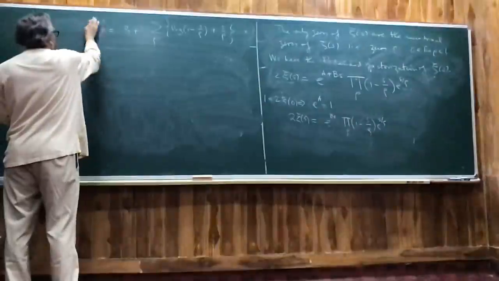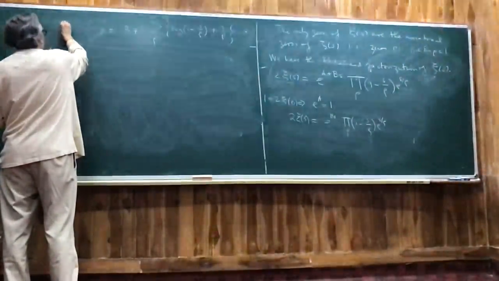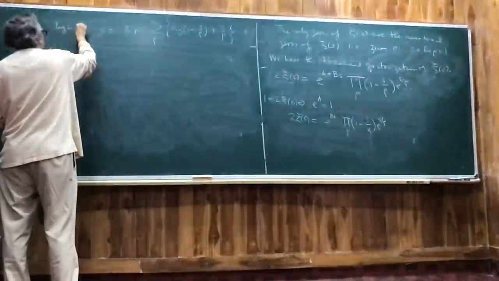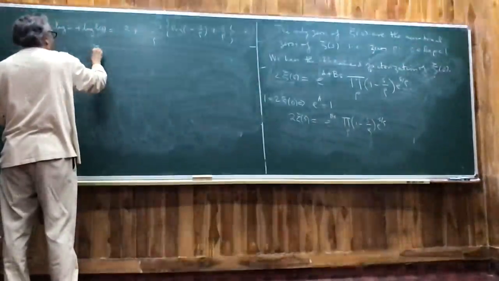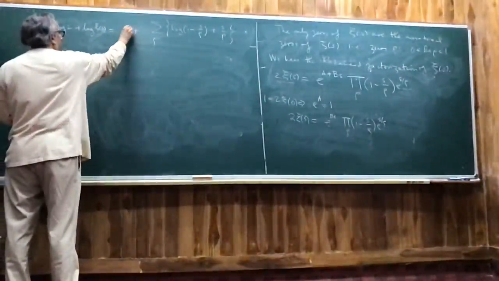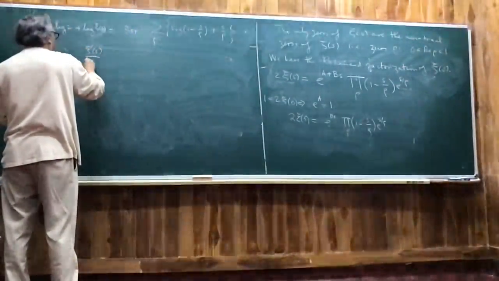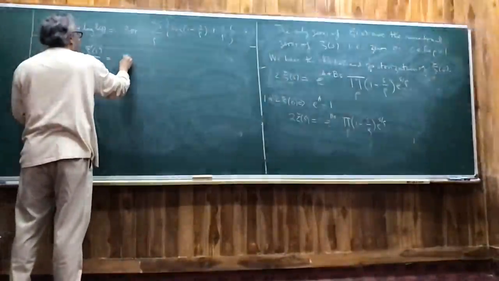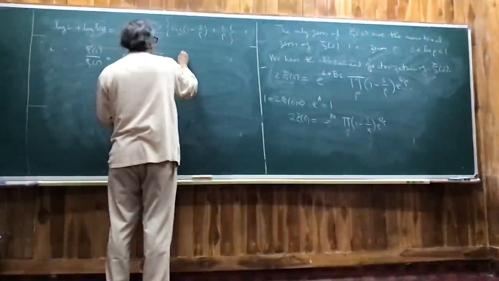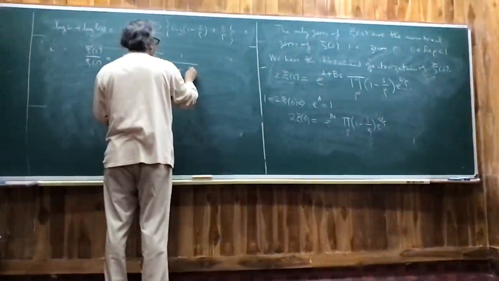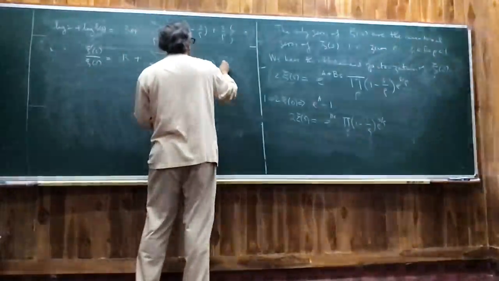This is log 2 plus log C of S. And then now differentiate, so there's a DS. Now differentiate, and 1 over 1 minus S over rho, minus 1 over rho, plus 1 over rho.